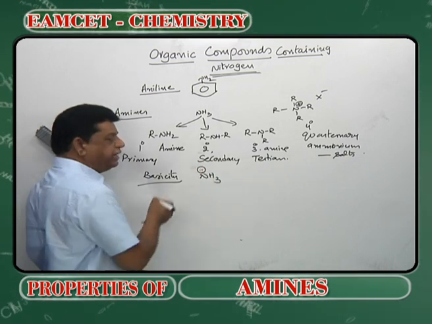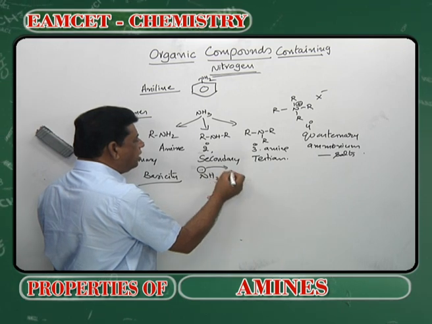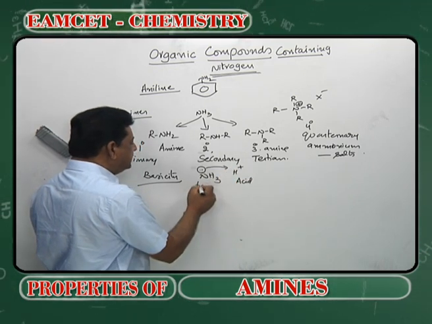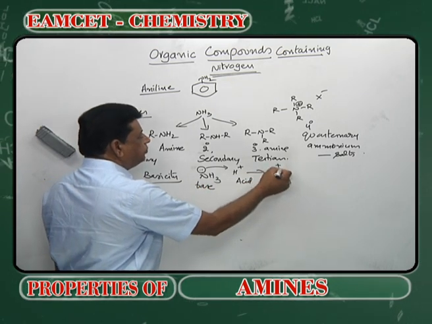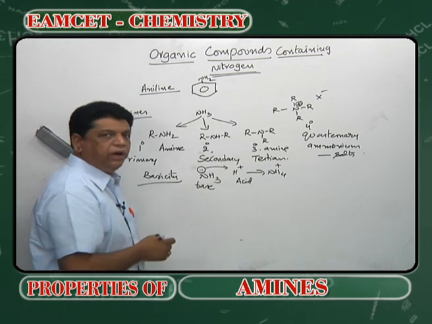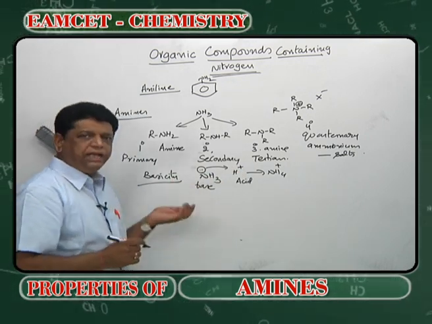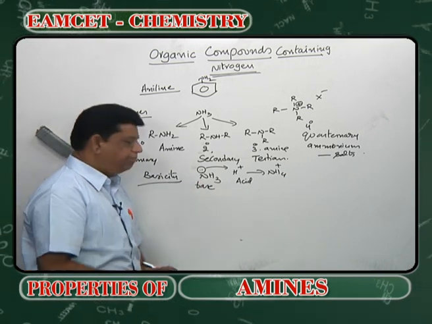In the inductive effect interaction also we have seen this. Ammonia can donate an electron pair to H plus. H plus is an acid, so this is a base and you will get NH4 plus. So, an electron pair donor is a base, an acceptor is an acid. Ammonia originally has the character of donating an electron pair, therefore it is called a base.